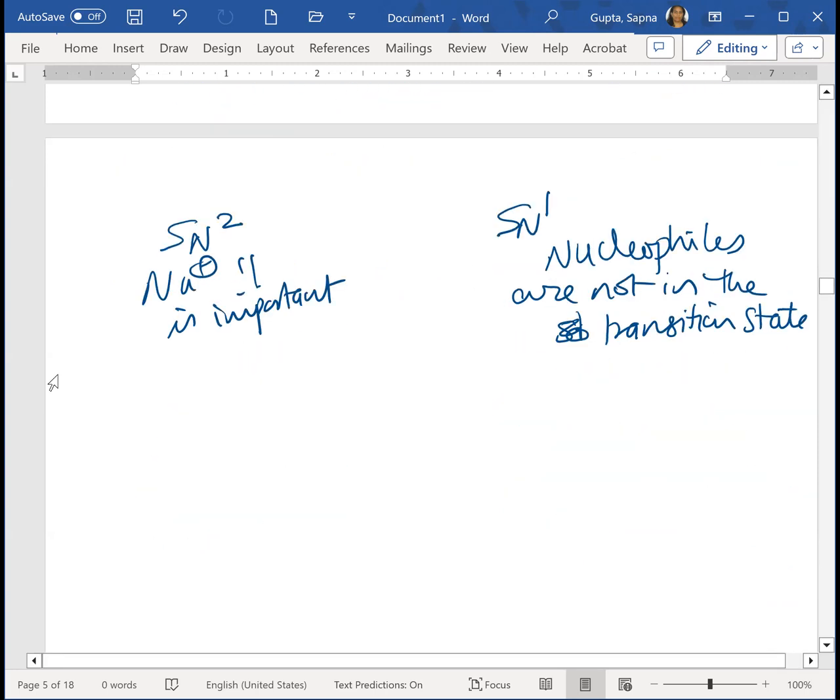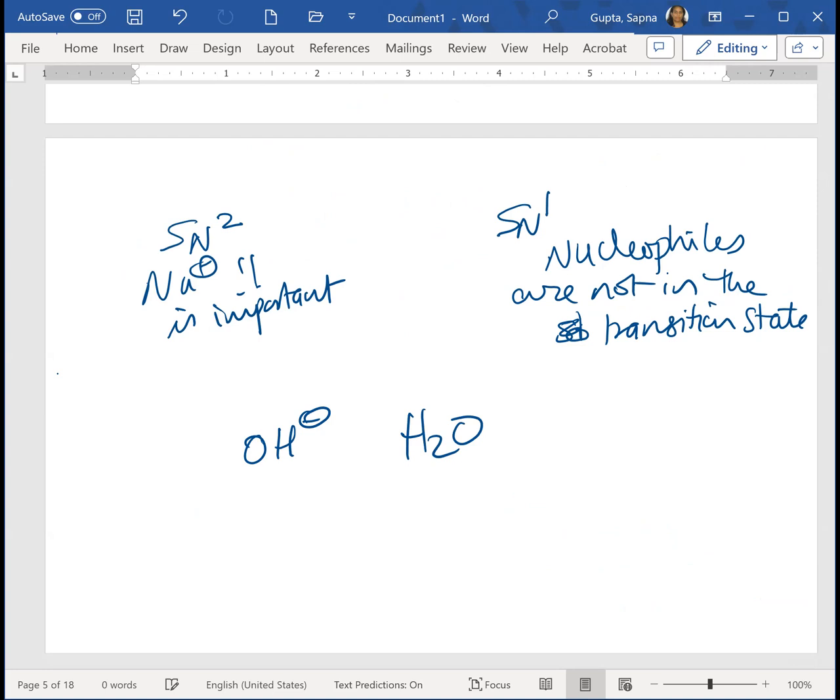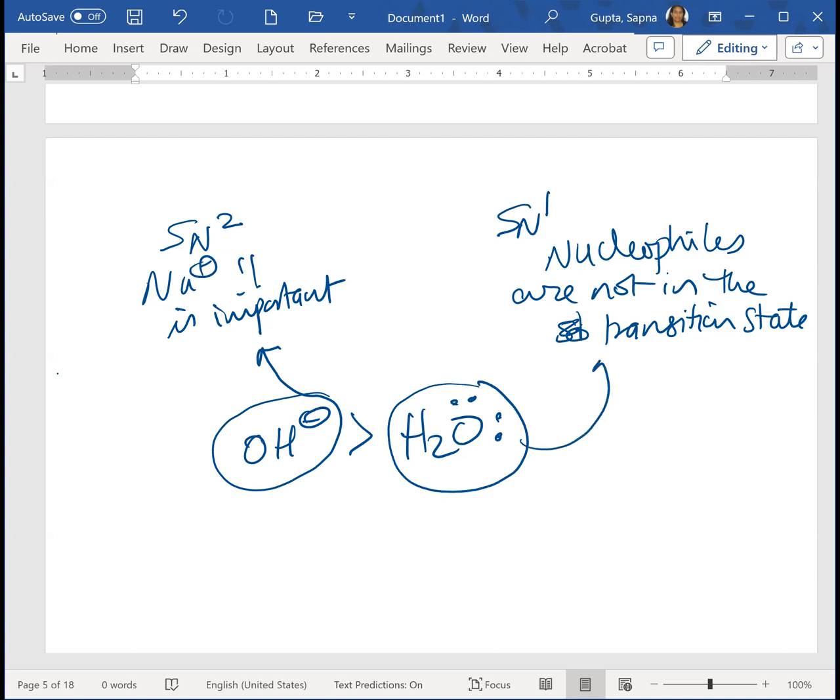What do we mean by that? Let's compare hydroxide with water. I said to you that hydroxide is a better nucleophile than water, but water does have a lone pair of electrons. So you need hydroxide to do SN2, but for SN1, you can use the hydroxide also, but you can also work with water, because water is still a nucleophile.